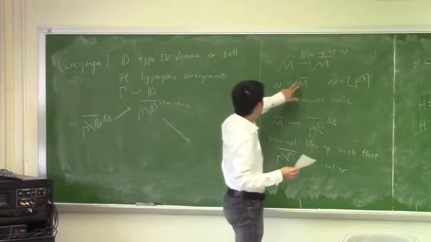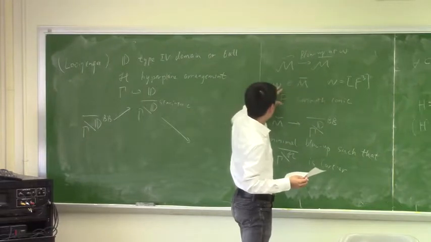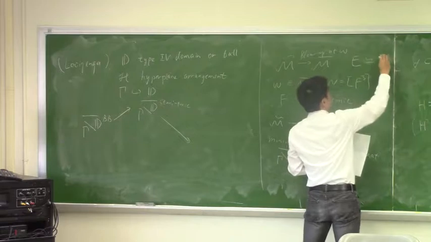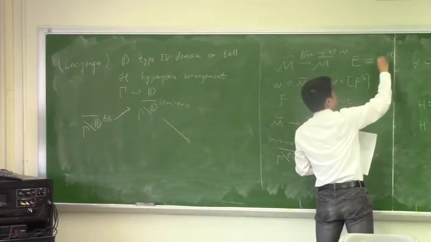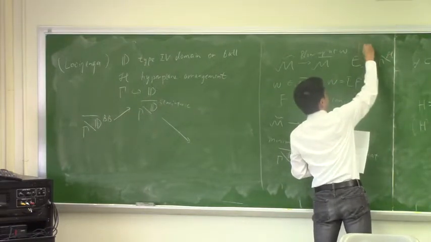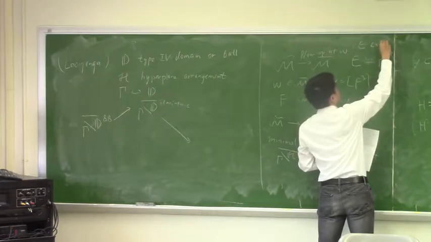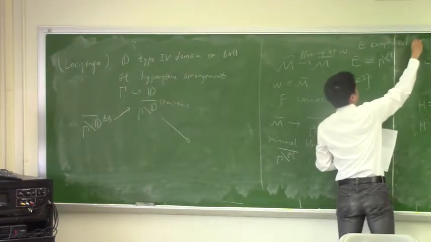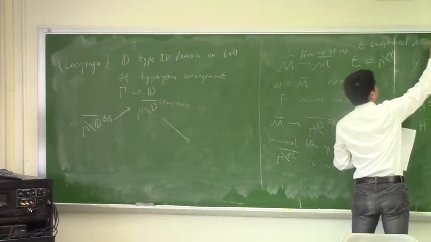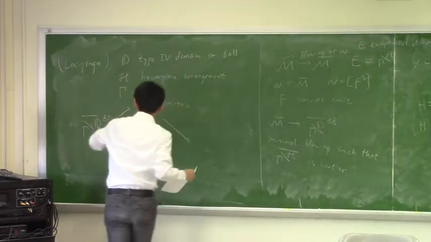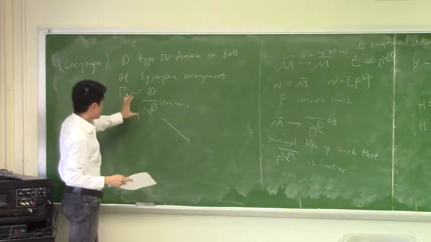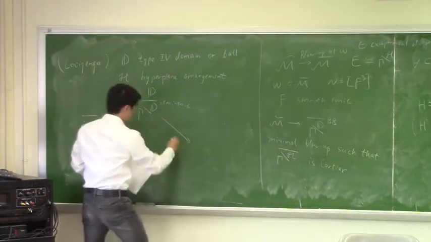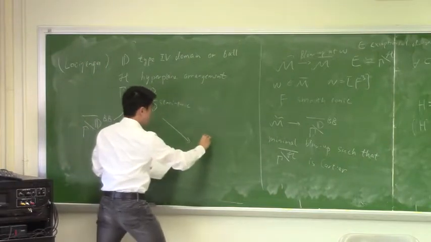For example, here, when we do the blow up of omega, then the exception divisor is exactly identified with the hyperplane arrangement. So it is an exception divisor. So here, when we do this blow up, then we can contract this divisor here. So this is contraction along D direction.